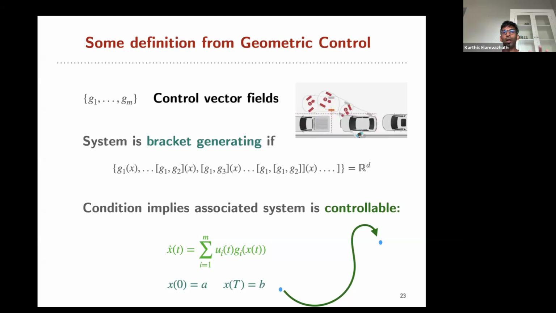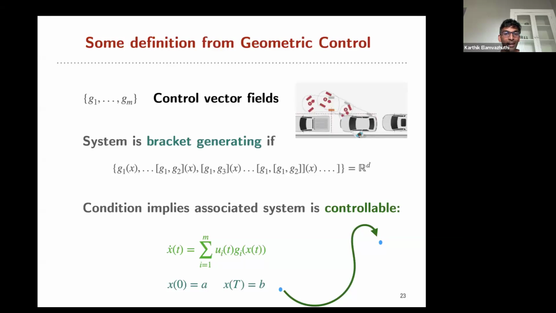So in the case of a car, say you want to parallel park a car. You don't have an immediate control which will parallel park your car. But it turns out using a combination of steering and backward and forward motion, you can generate a new lateral direction, a third direction. So it turns out your car is controllable.